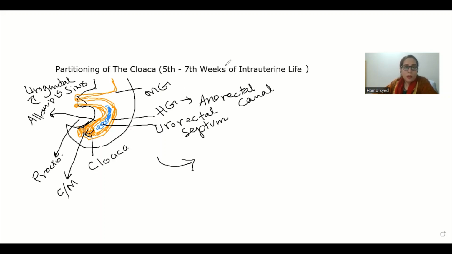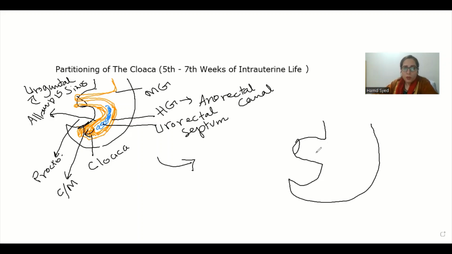So we said that the hindgut and the allantois are going to form the anorectal canal and the urogenital sinus respectively. So let's again draw this section through the lower half, or the caudal part, of the embryo.